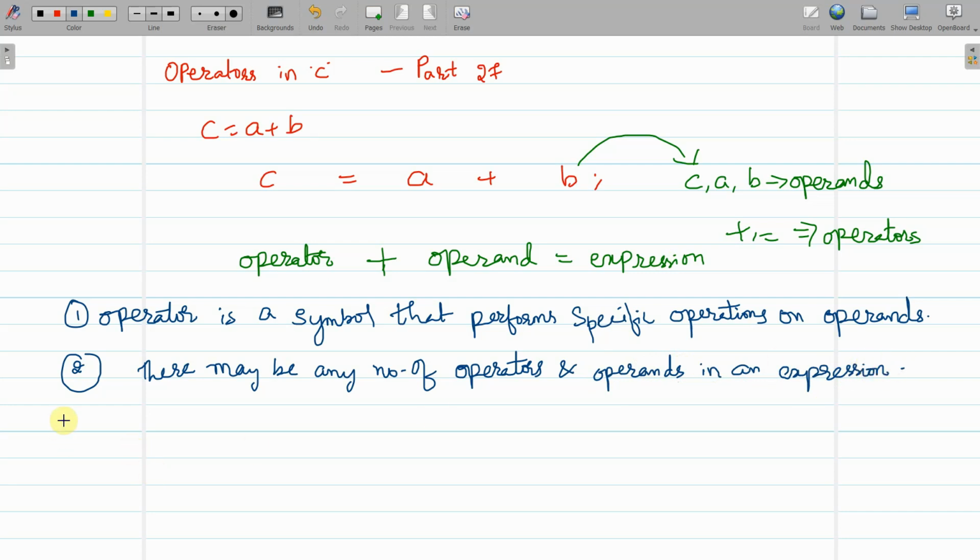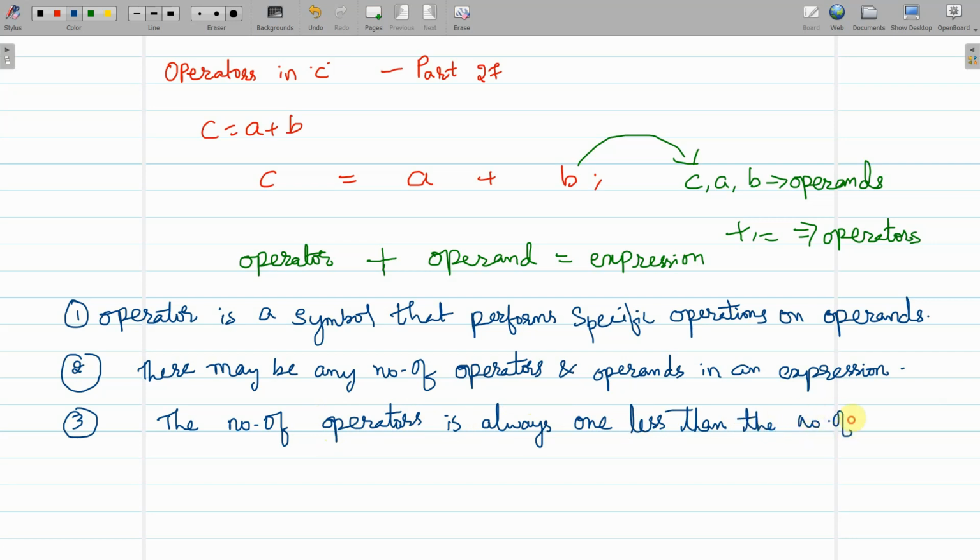Now the third and the most important and last thing you have to consider is that the number of operators is always one less than the number of operands.